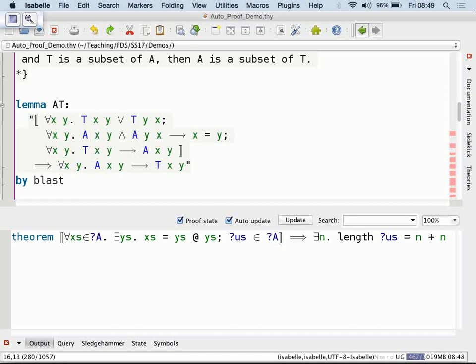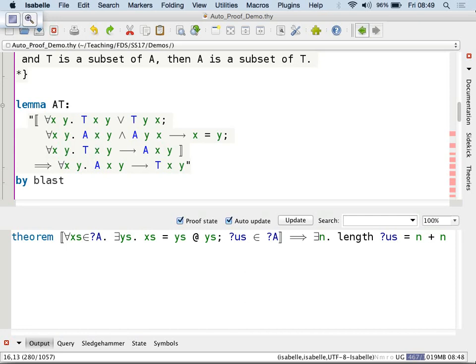I've now written this out in logic. The first line says T is a total relation: for all x, y, either T x y or T y x. The next line is the antisymmetry of A: if A holds for x and y, and A holds for y and x, then x must be equal to y.